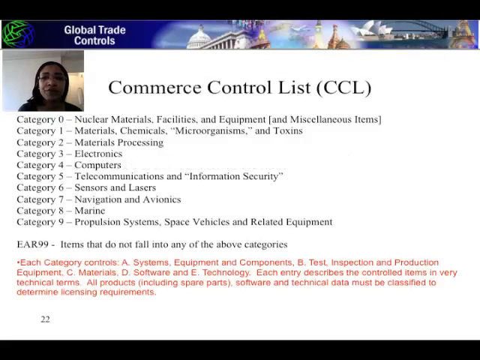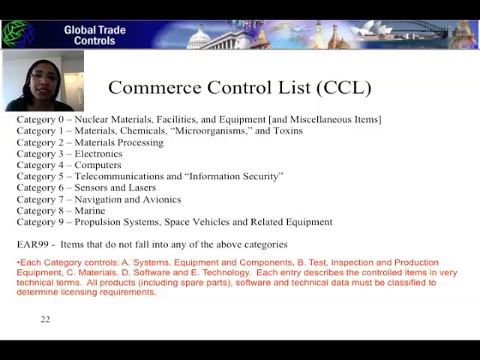Like ITAR, EAR does control technology, and their definition of technology is information necessary for the development, production, or use of a product. And it also covers software like ITAR, which is a collection of one or more programs or microprograms fixed in any tangible medium of expression.